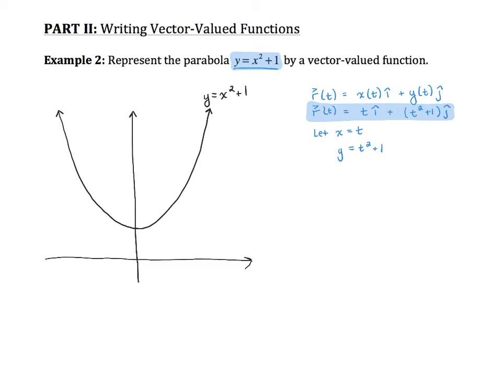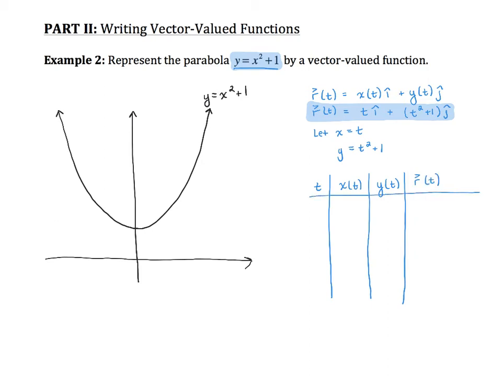So we're just going to choose a couple values for t. We're basically just going to make a little chart like we did before. We'll make a column for our horizontal component, our vertical component, and then just to bring it on home, we'll write out a column for our vector.